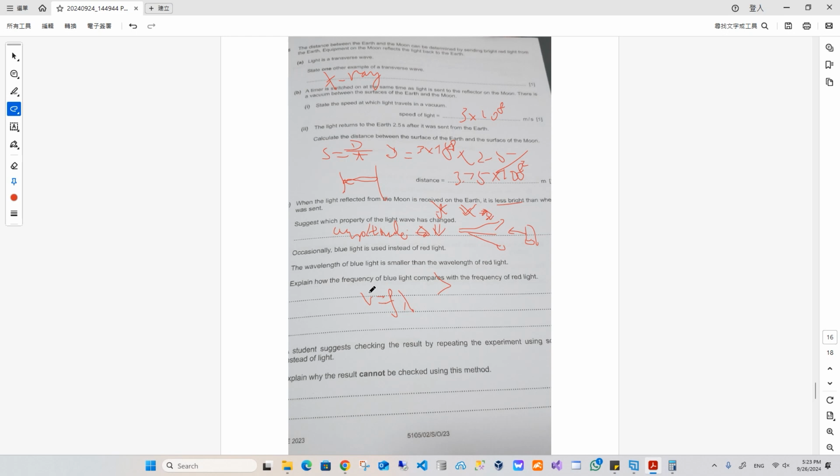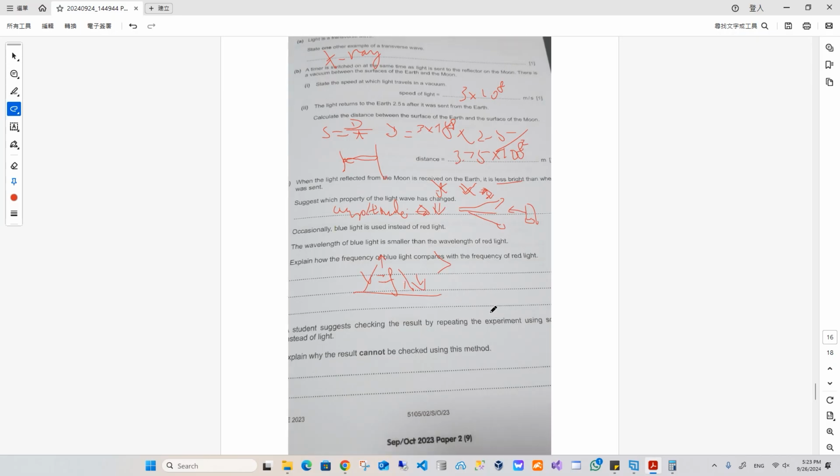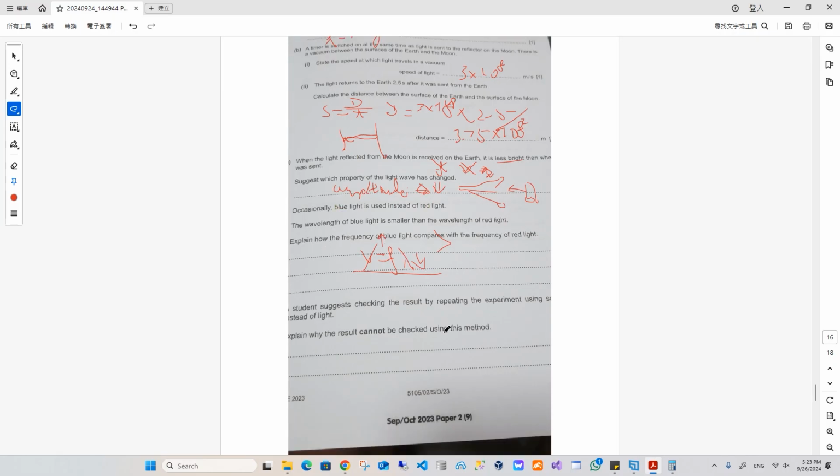V is constant, right? Speed of light is constant. So when your lambda blue is smaller, your frequency is higher. So that my speed is the same, right? So that's why it's like that. Yep, frequency higher.